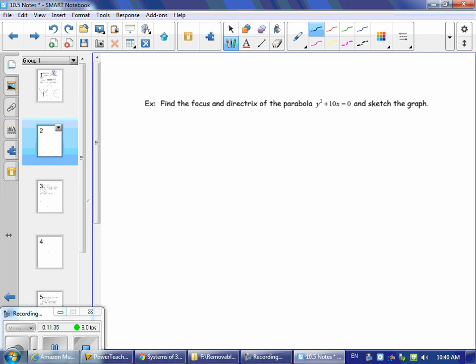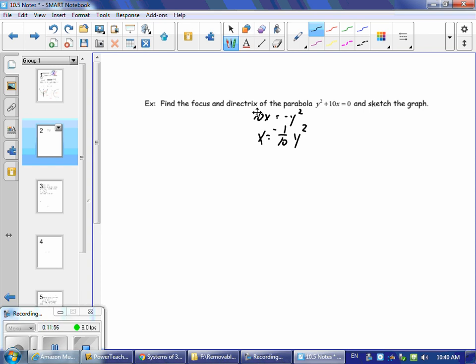So we're going to solve that equation for x. We're going to subtract y squared and divide by 10. So we should have 10x equals negative y squared, dividing by 10, we get negative 1/10 y squared.